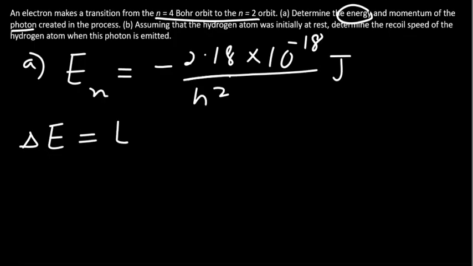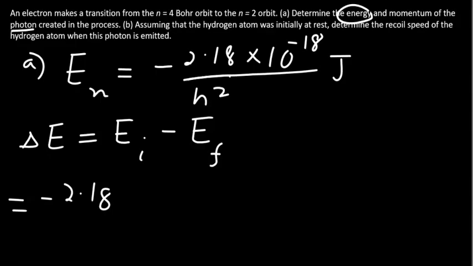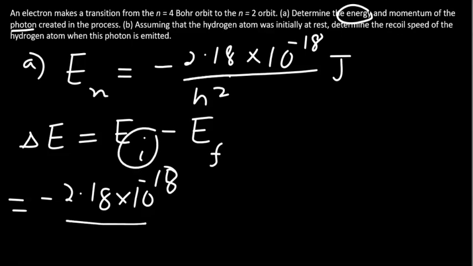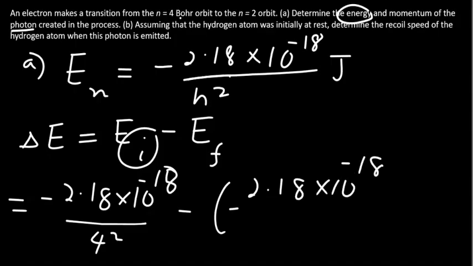So energy of the photon created for such a transition is given by the following expression. It is energy associated with the initial orbit minus the energy associated with the final orbit, which is minus 2.18 times 10 to the power minus 18 over the initial quantum number is 4, so 4 squared, minus 2.18 times 10 to the power minus 18, and the final n value is n equals 2, so 2 squared.